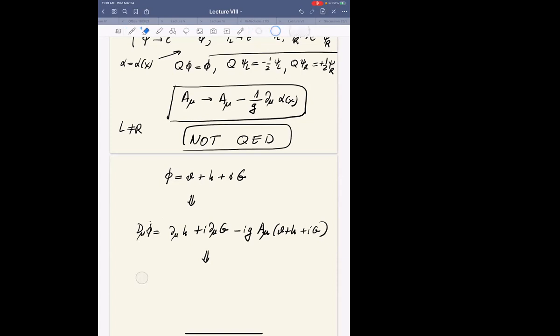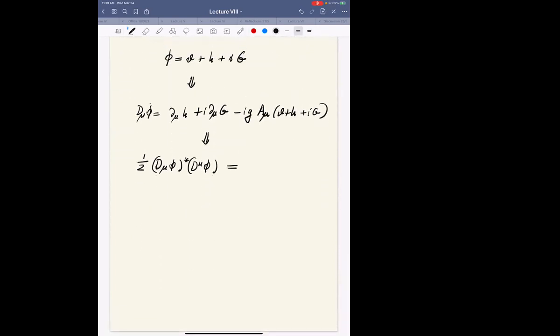So my kinetic energy, one half. Notice, let's organize it a little bit. Let me write it like this.